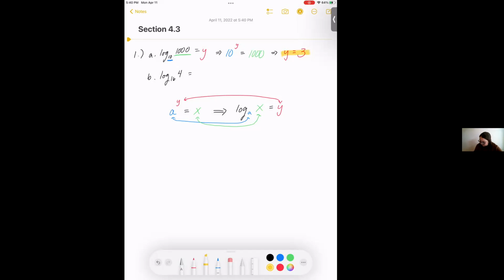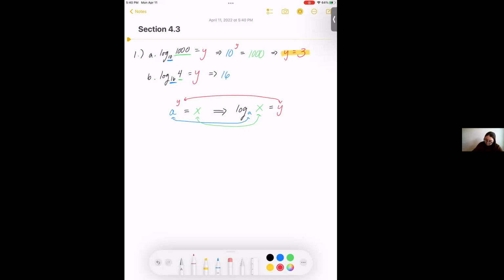So now we're going to do the same thing with part B. We've got log base 16 of 4 is equal to y. So putting everything in the same format again, we're going to see 16 is our base.